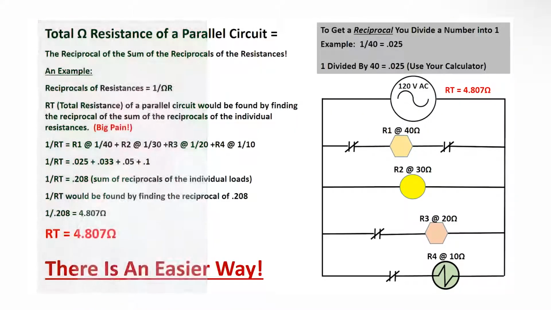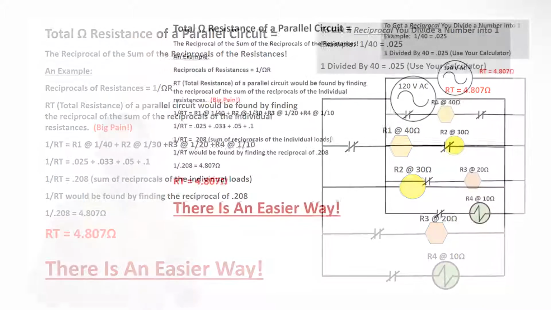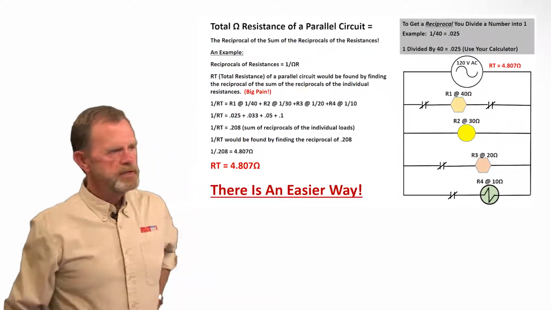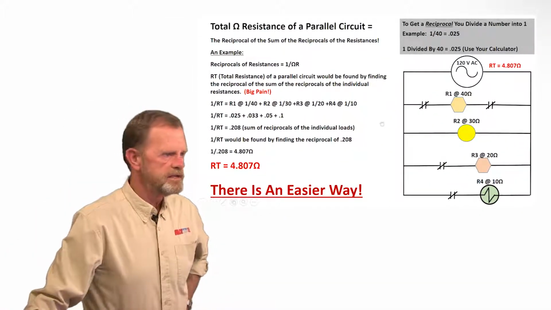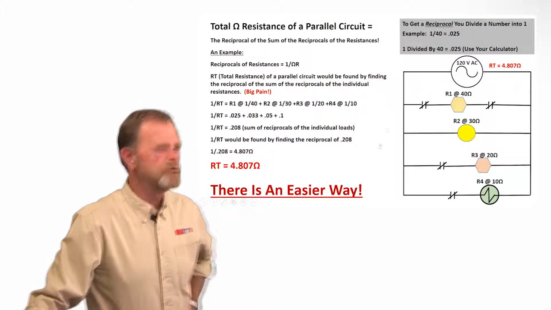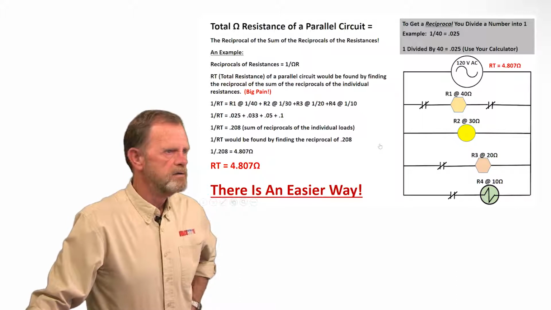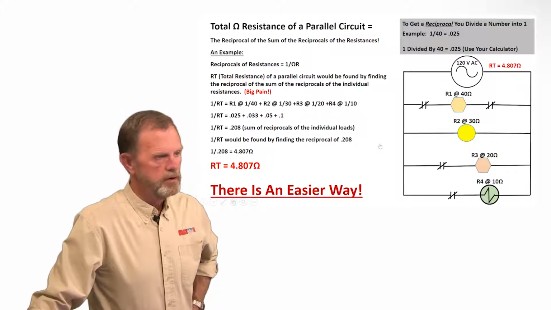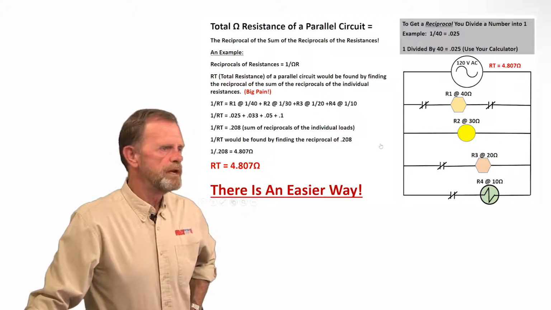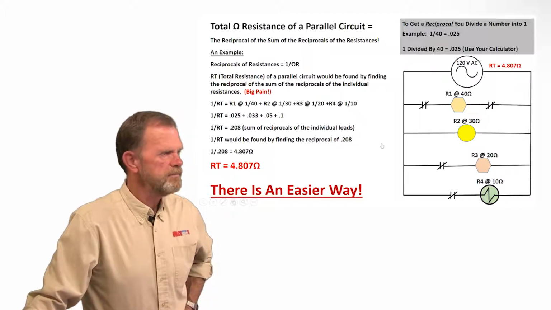Well, good enough is 4.8. 4.8 is plenty good enough for me. Anybody that's dealing with AC parallel circuits, if you ever did want to know what the total resistance of the parallel circuit was, taking it to the 10th power or even maybe the 100th power, in this case it comes out at 4.8. Close enough.